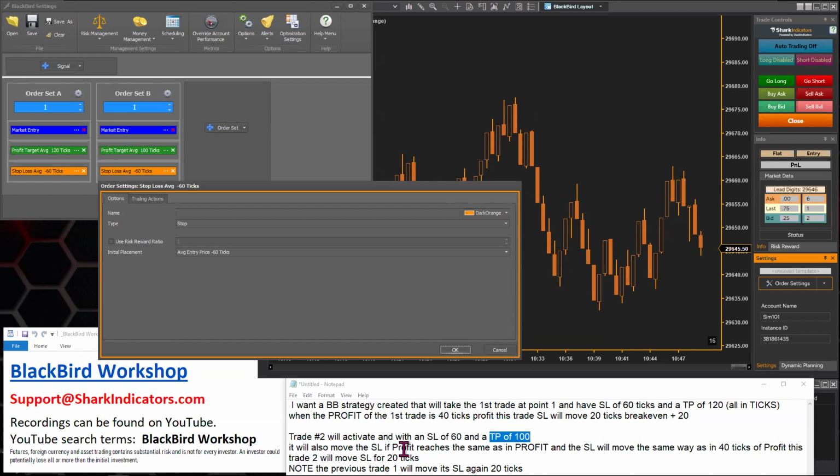So this stop loss is also going to move as well. Yeah. So once there's 40 ticks in profit, then we're gonna move that stop loss to break even plus 20. So, all right. So if we look at the trailing actions, we already have that in there.